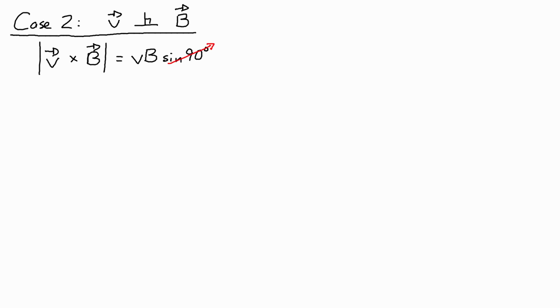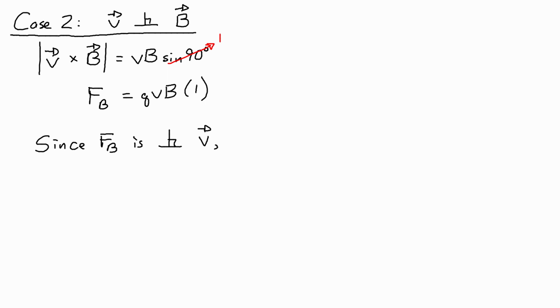And sine of 90 degrees simplifies nicely down to 1. So in terms of the magnitude of the force, we get qvB sine of 90 degrees, which is just qvB.